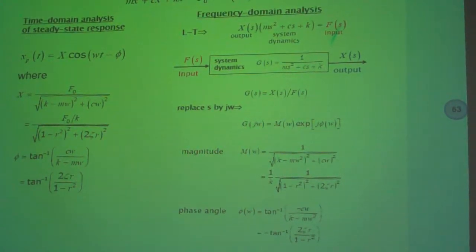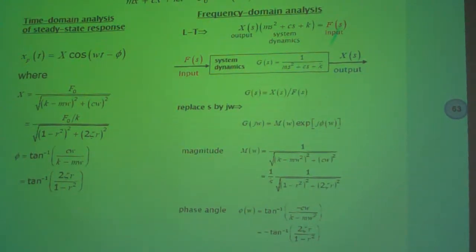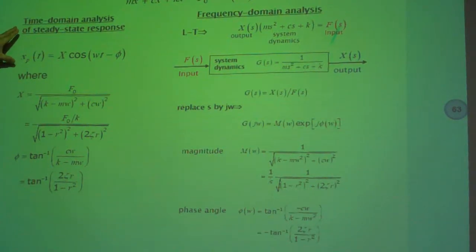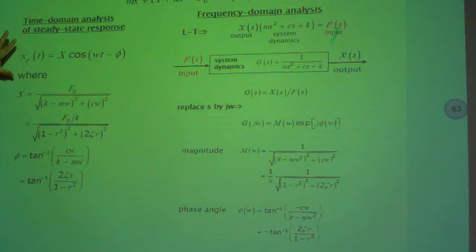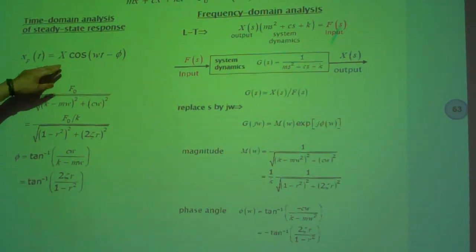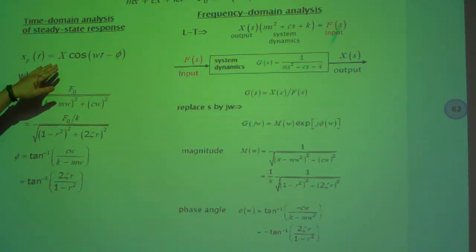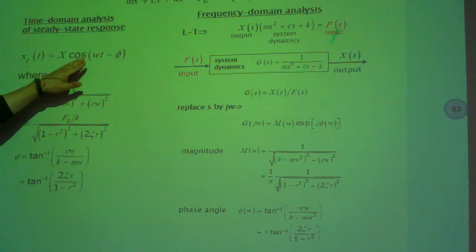So this page basically summarizes what we have learned in the time domain, which means at the very beginning of this chapter 3, we solved directly the differential equations. Then we have such an expression. We assume the steady state, or non-homogeneous, solution is in this form.